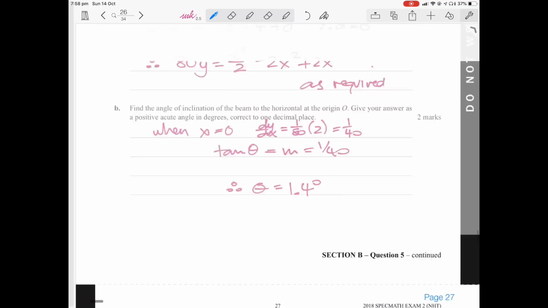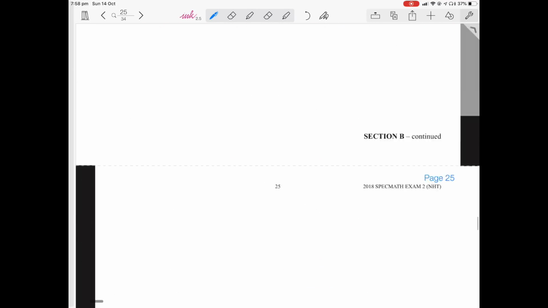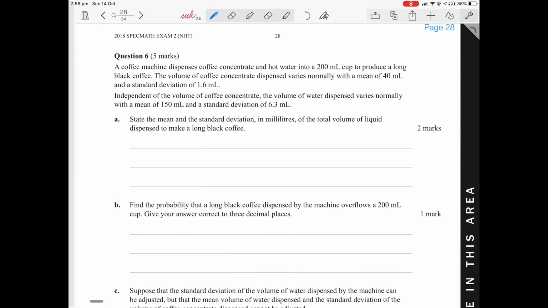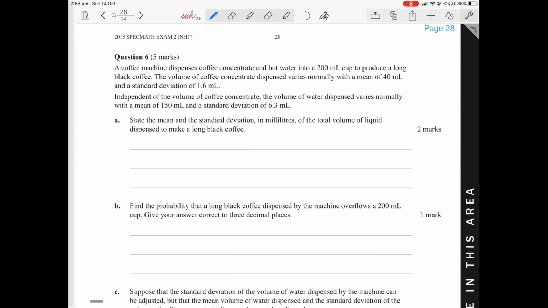Hopefully. Have I skipped anything yet? Surprise. Okay, a coffee machine dispenses coffee concentrate and hot water into a cup of black coffee. The volume of coffee concentrate dispensed is normally distributed with a mean of 40 and a standard deviation of 1.6. So mean of coffee is 40, and standard deviation of coffee is 1.6 ml.